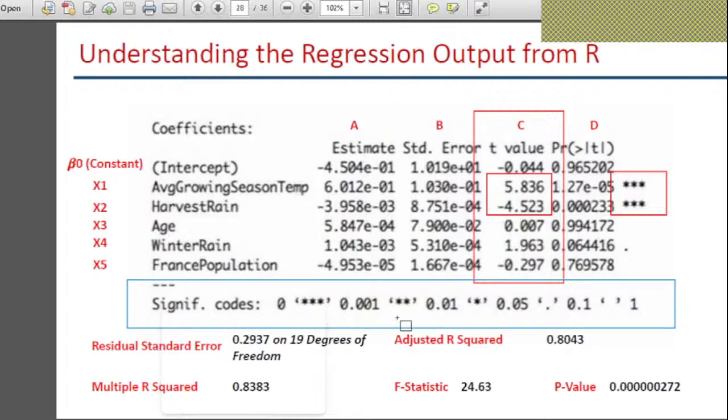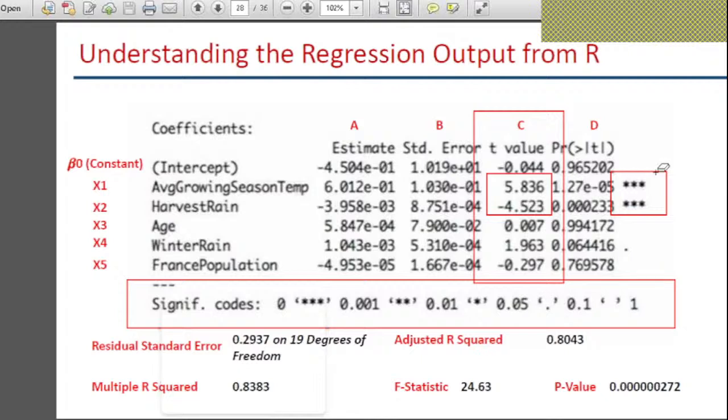If the star rating is 2, it means it is less significant than 3, and so on. Then 1 star, then a dot, then nothing.